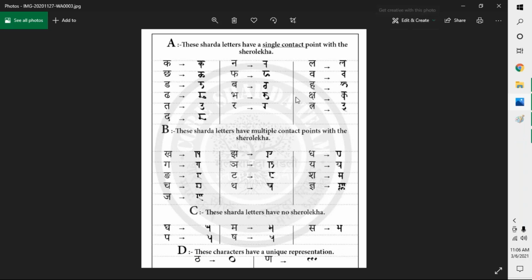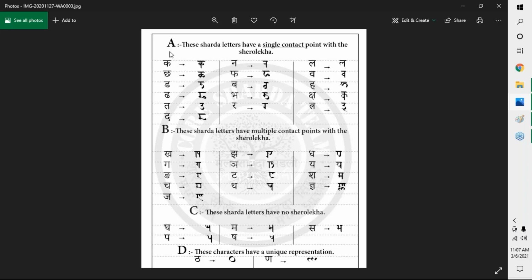This was not from any research paper. We have made this based on reading our manuscripts and our experience of working on Sharda Lipi for 5-6 years. So what we have come up with is that there are 4 categories of consonants in Sharda.